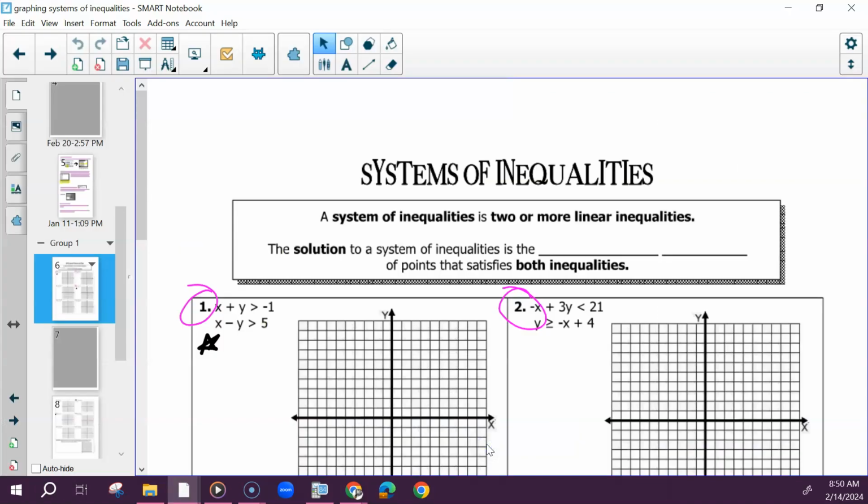Take out your system of inequality notes. And we're going to start on this page. Actually, not those ones, but the other ones.